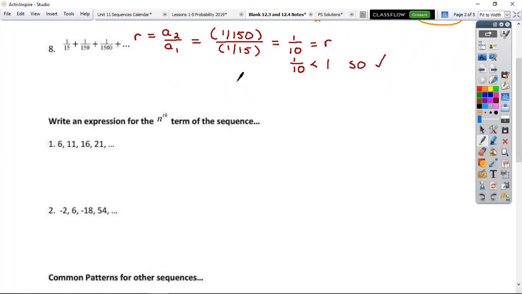I'm going to do the sum as I approach infinity equal to a sub 1 divided by 1 minus r. So a sub 1 is 1/15, and 1 minus r would be 1 minus 1/10.